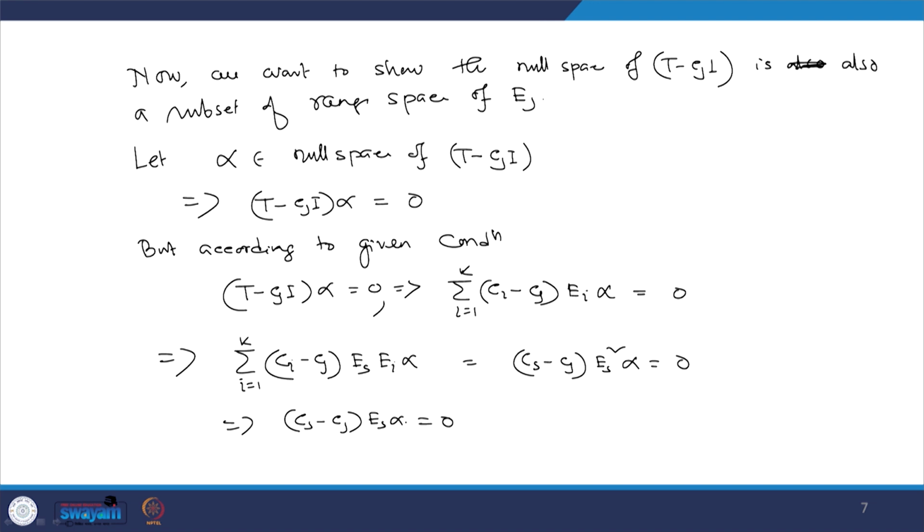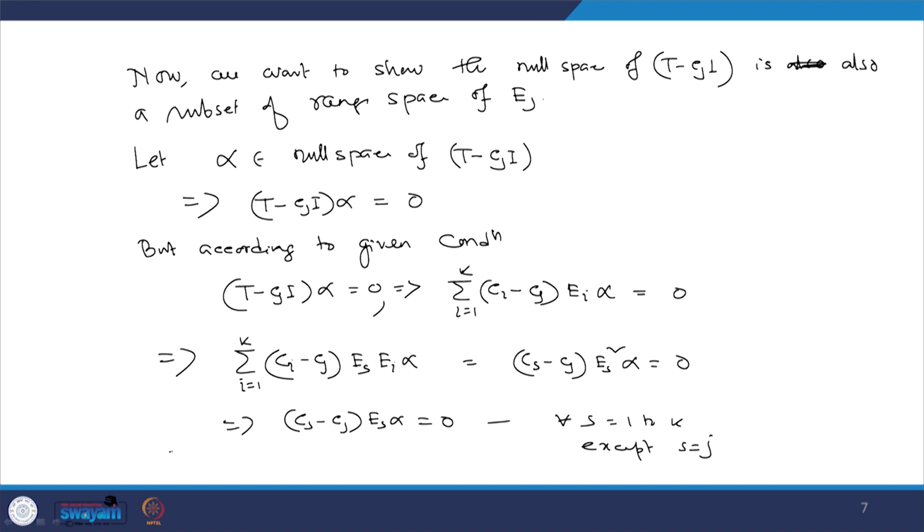Now, this is again true for all s equal to 1 to k except s equal to j, because when s equal to j, Cj minus Cj equal to 0. So, it is not coming into the picture, please.